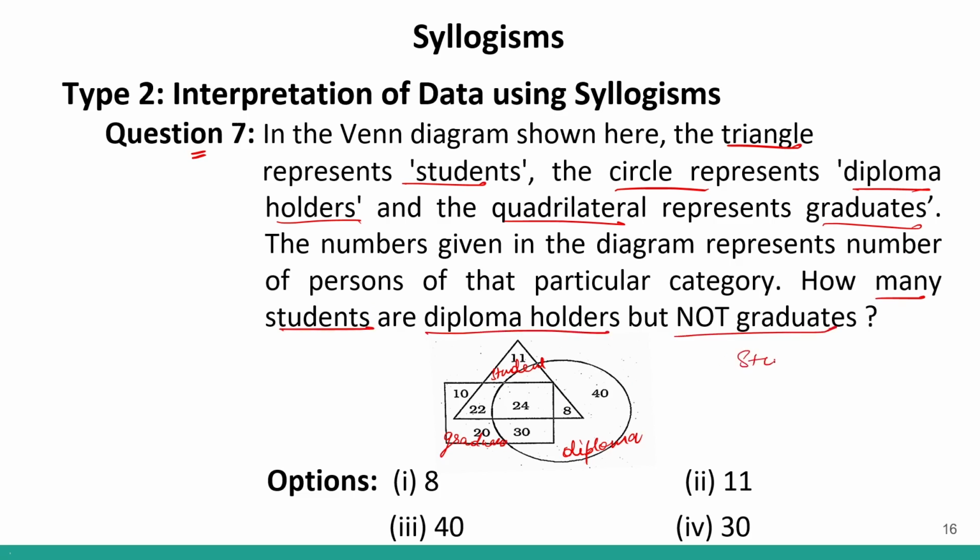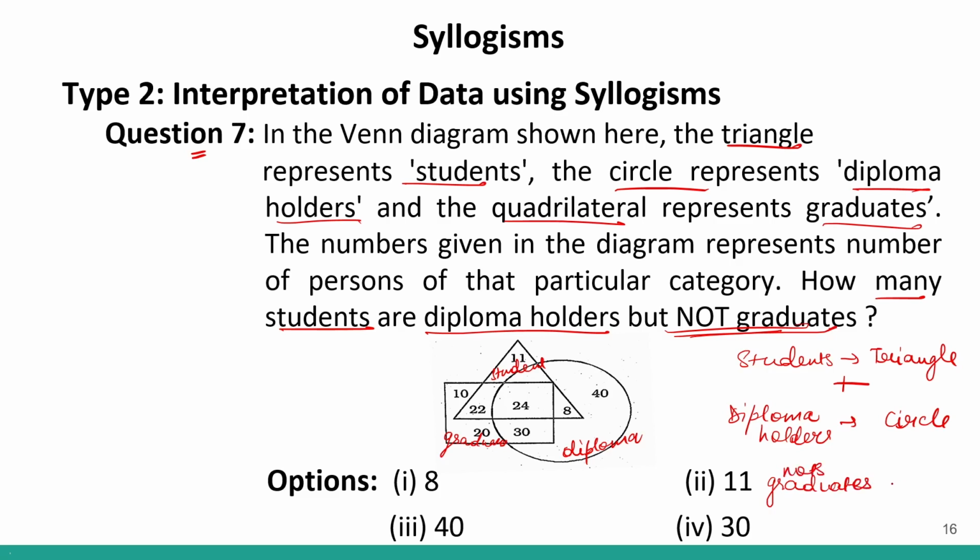That means we have to look at students, so an area which has a triangle. Plus, they should be diploma holders, so we should have a circle also. But not graduates, which means there should not be a rectangle or a quadrilateral. So we have to look at an area that is an overlapping of triangle and circle but not rectangle.